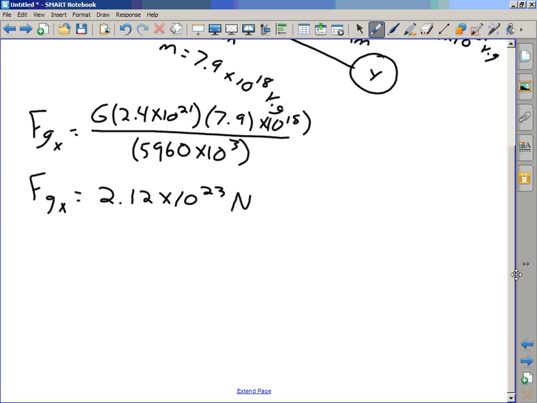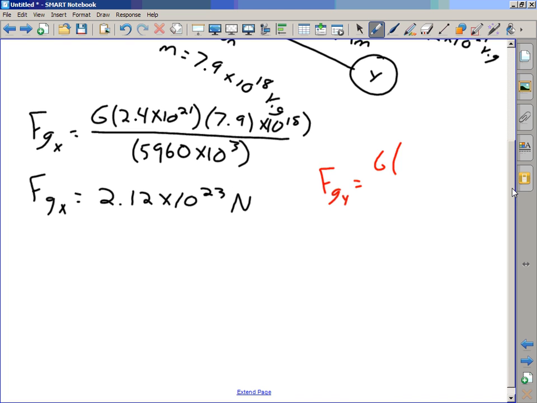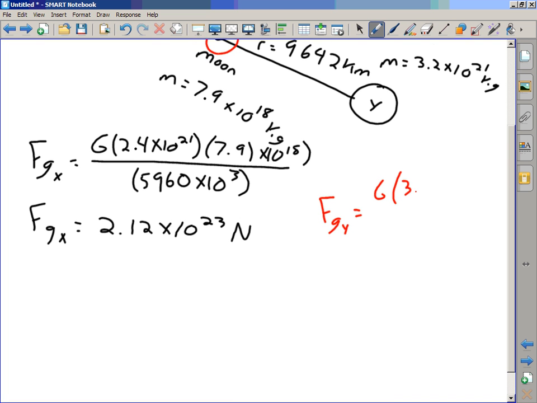Anyway, Y is going to be basically the exact same thing. Fg of Y equals whatever my G is times the mass of Y, 3.2 times 10 to the 21st, times the mass of the moon, 7.9 times 10 to the 18th.